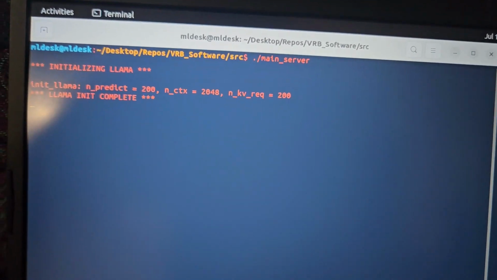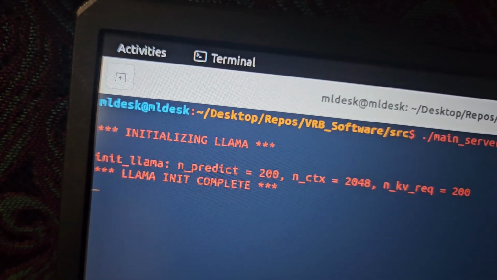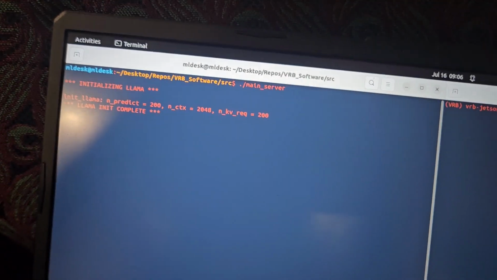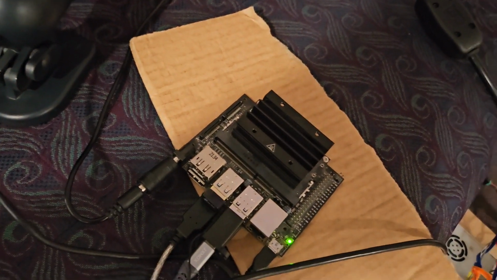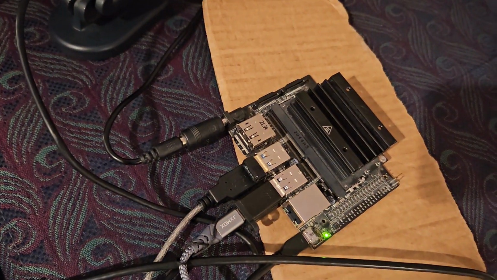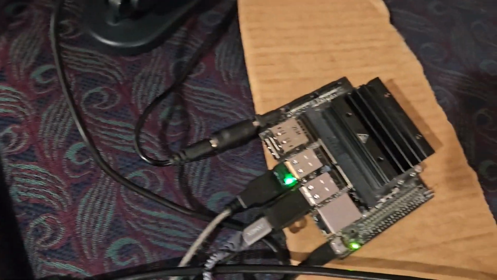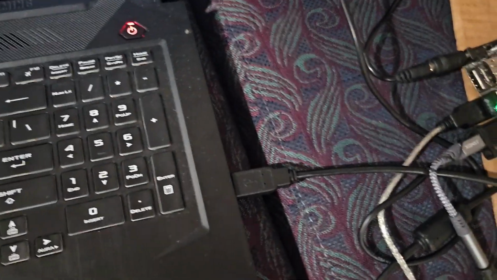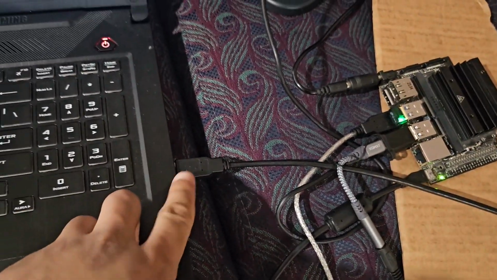So, over here I have the server running on a separate desktop. As you can see, it is an SSH connection. Over here I have the Nano connected to the Parrot via a MIDI cable, which is right here. Right now the Jetson Nano is being controlled via an SSH connection through this USB cable.